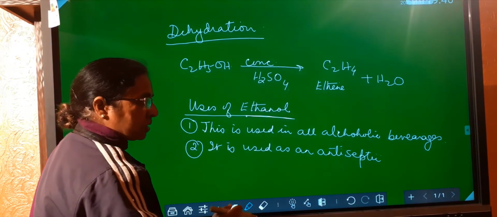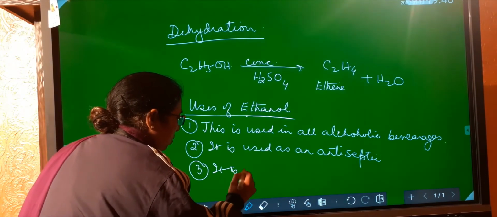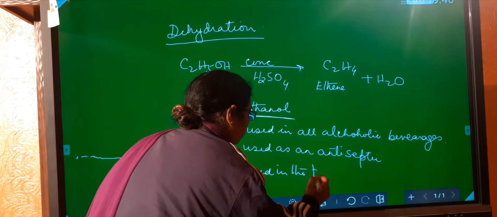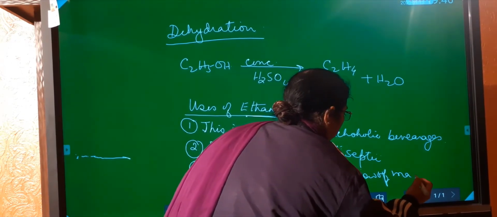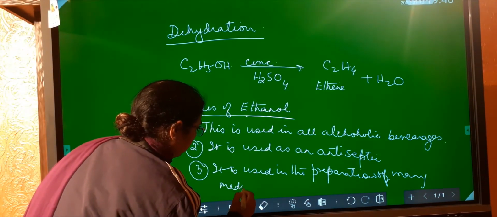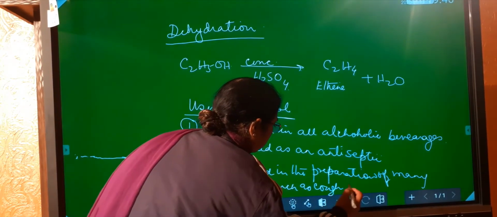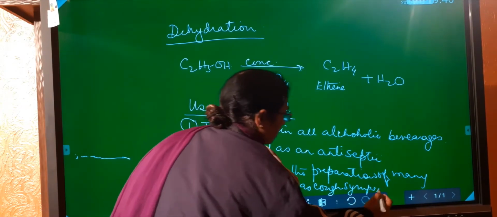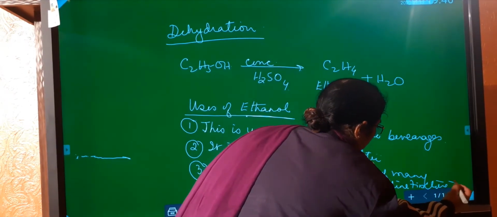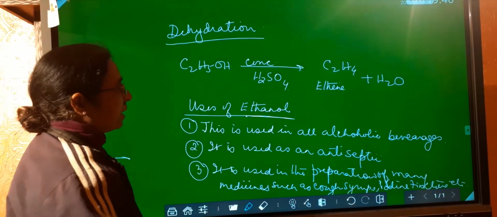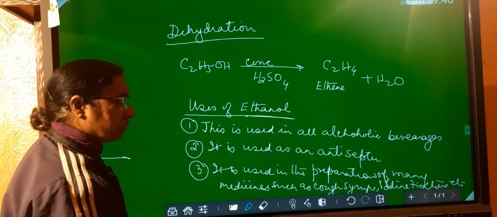कोई भी माइक्रो ऑर्गेनिजम्स को किल करने के लिए this is used as an antiseptic. Alright, then it is used in the preparation of many medicines such as cough syrups, iodine tincture, etc. So whenever you are given that compound X, तो आपको कुछ ऐसे हिंट भी मिलेंगे कि ये आयोडीन टिंक्चर बनाने में काम आता है या कफ सिरप्स बनाने में काम आता है.